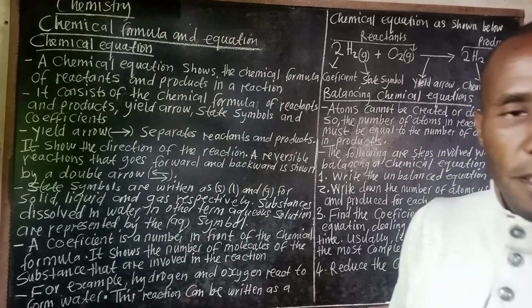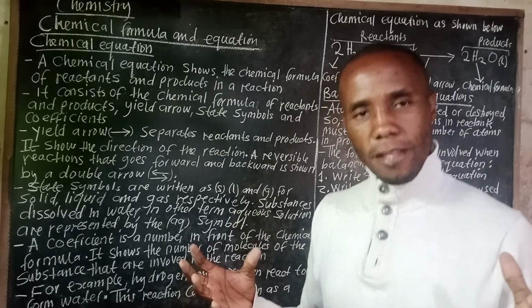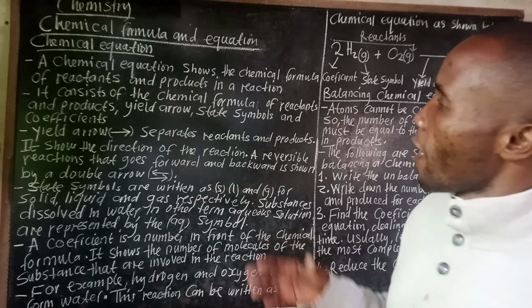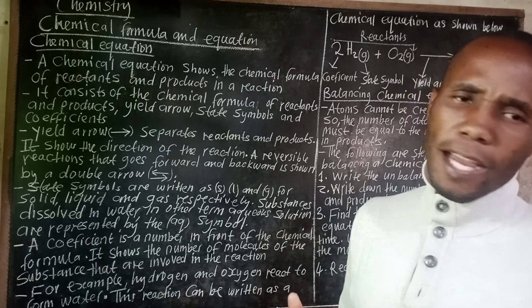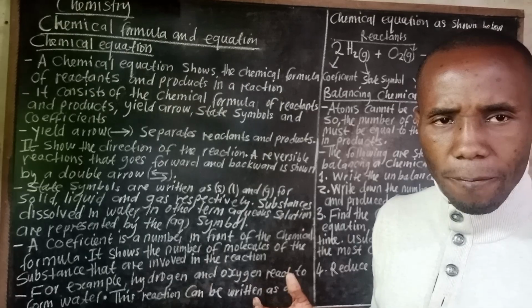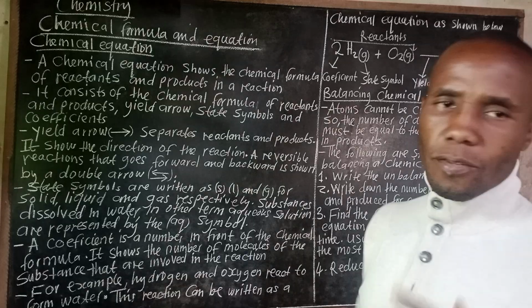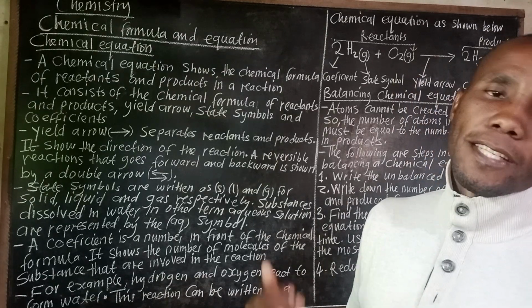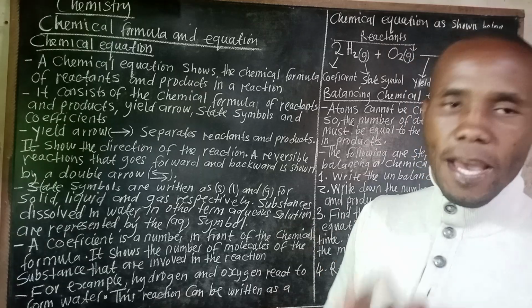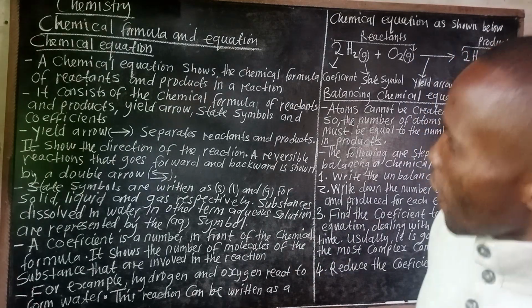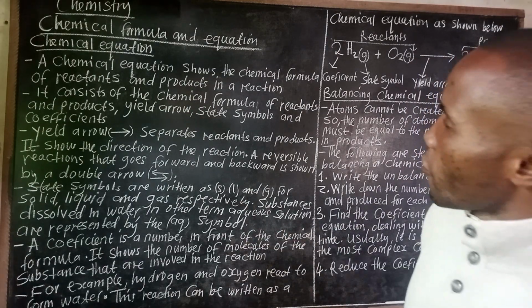Coefficient, even in mathematics, we are very much aware of that. This is not the first time you are hearing this word. A coefficient is actually a number. For example, if you have 2x, that 2 is a coefficient and x is the variable. Coefficients are always there in the chemical equation. You should know that.